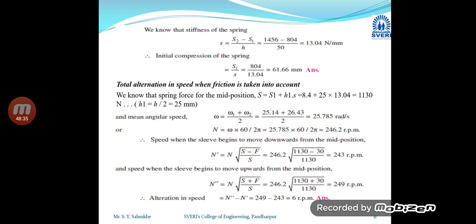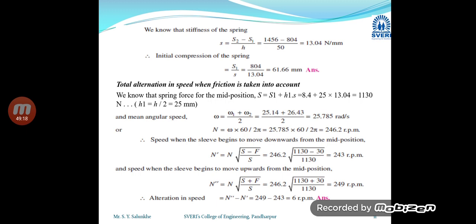Now we have to calculate the total alteration in the speed when the friction is considered. That is the second part of this problem, where we had considered only spring force and central mass. Now we have to add frictional force also. In this case, we have to calculate the spring force at the mid, S equal to S1 plus h1 multiplied by s, where s is the stiffness, that we have calculated as 1130, and the unit of this force is Newton.